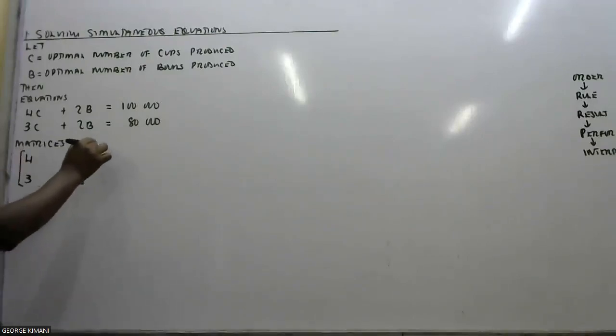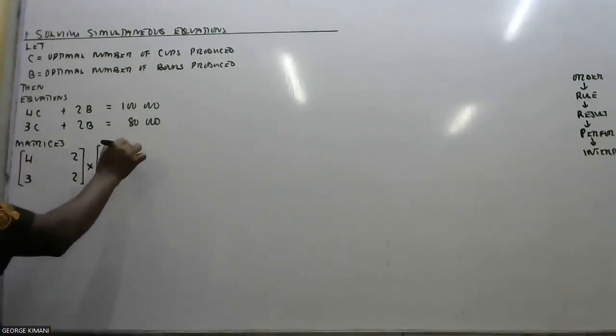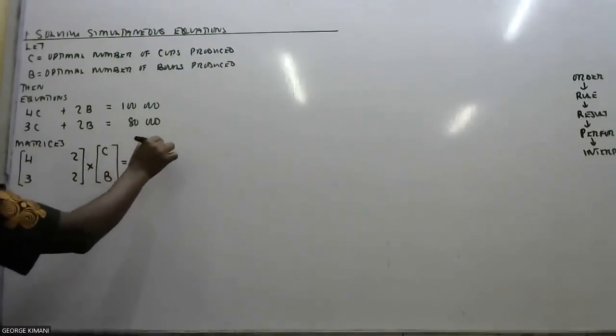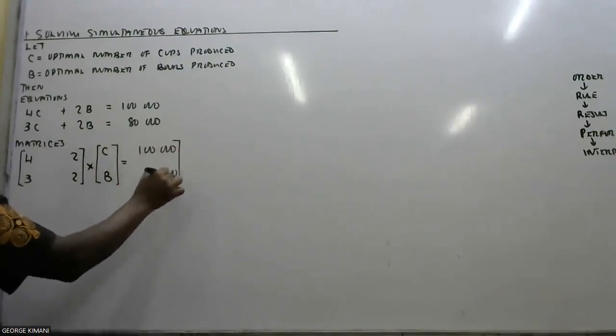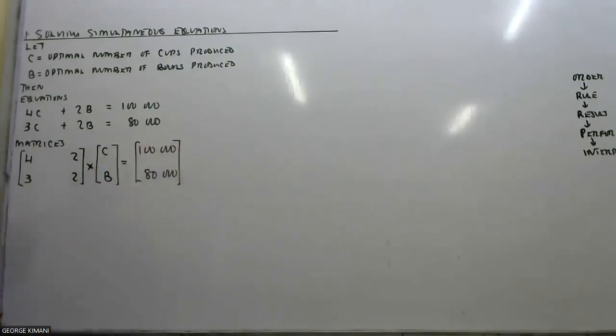To multiply C and B there. And this is equal to 100,000 and 80,000. That's how you group.